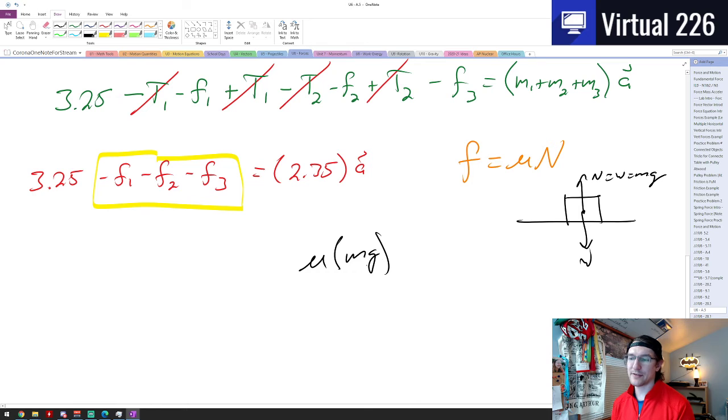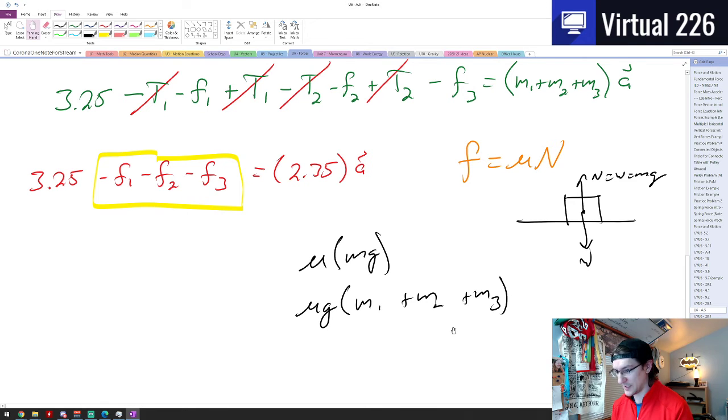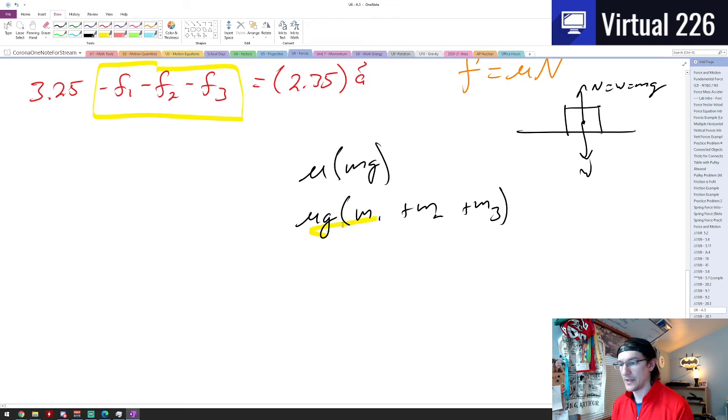And they all have the same gravity and the same coefficient, so when we're adding them up, we can just add up all the masses. F1, F2, F3 together would be mu g times m1 plus m2 plus m3, because this is F1 and then F2 and then F3.